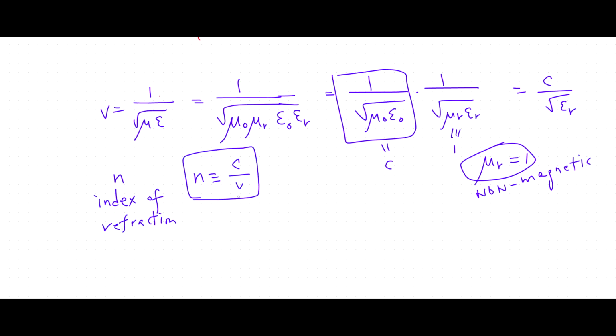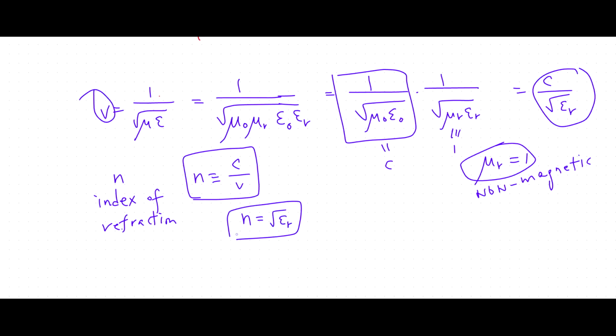But look at here, v is equal to c over the square root of the dielectric constant. So what does that mean? That means the index of refraction for non-magnetic material, which again is all we're dealing with, is just equal to the square root of the dielectric constant. Right?